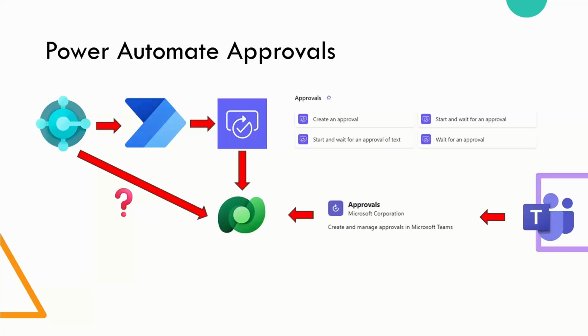This does not exist. Business Central cannot cancel the approval request in Dataverse. It will cancel the approval request inside Business Central, but the user, the approver, is still seeing the approval request in his Teams. And I will demonstrate that in a minute.